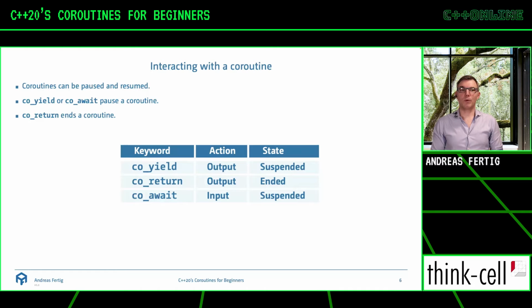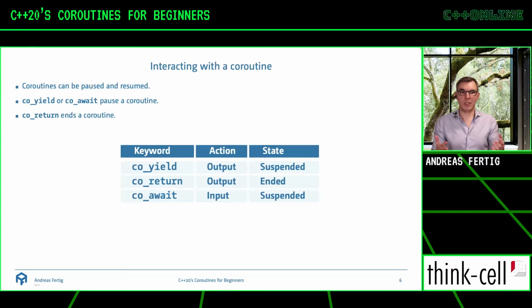Then we have the third keyword, the co_await. And this is another cool way to input something into an already running function, in this specific case, a coroutine. So this is an input action, and the state of this coroutine must be suspended at this point, or it will be suspended. So it waits for more data from the outside, and then it gets resumed.